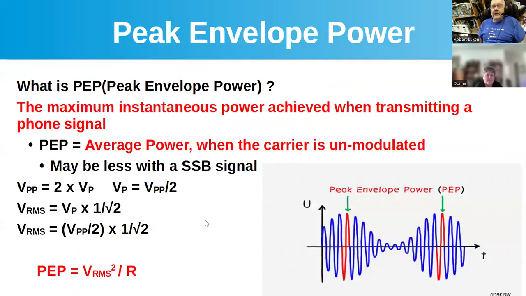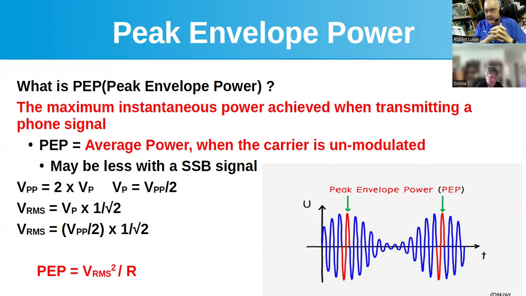So what is peak envelope power? It's called the maximum instantaneous power achieved when transmitting a phone signal. It's the way they came up to try to regulate power for amateur radio, actually for all FCC type regulations.